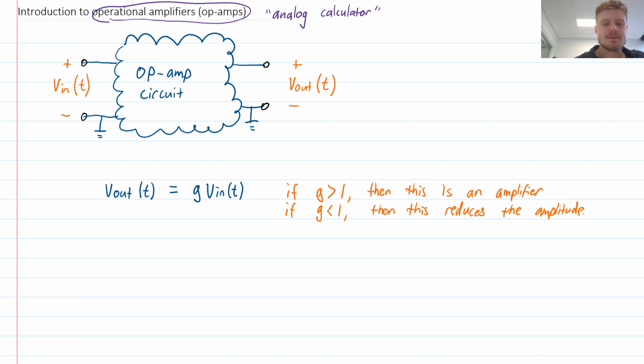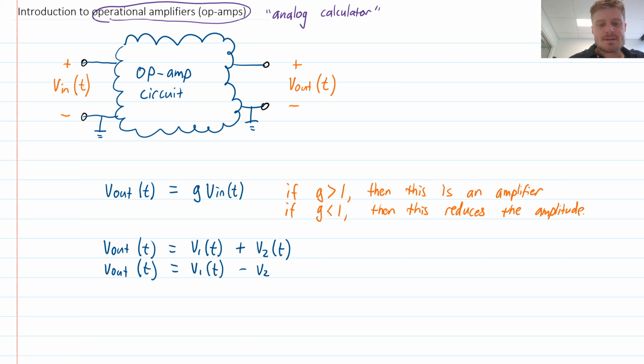You can do things like have an output voltage which is a combination, like a sum of two different input voltages. Or you could have the difference of two input voltages, so V1 minus V2.